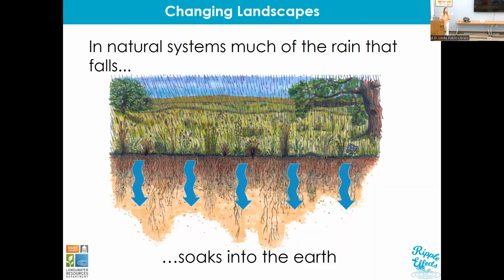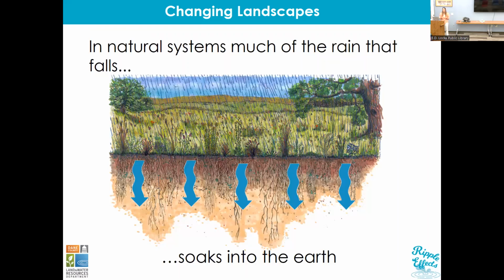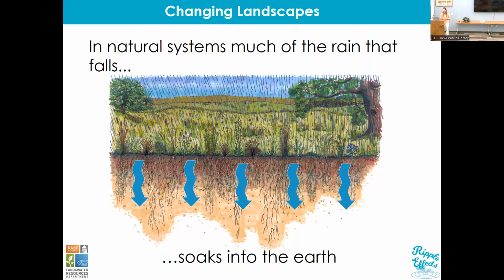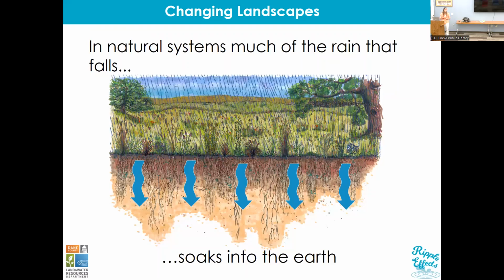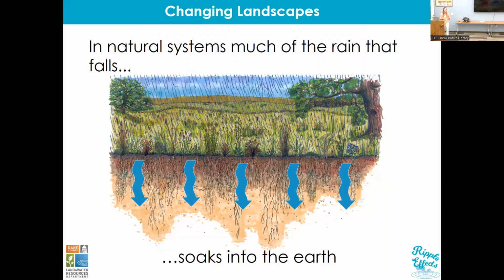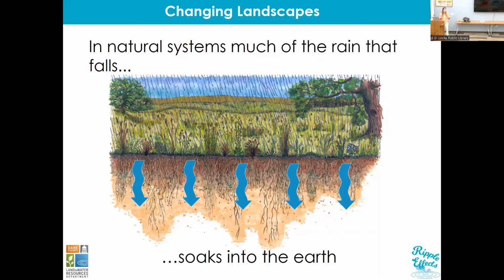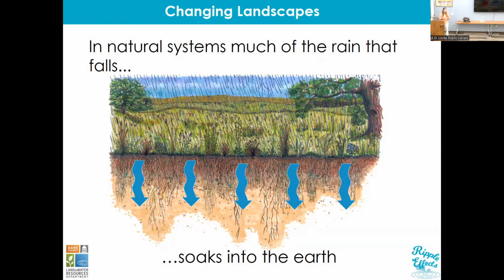When you make those changes to the landscape, you really change how water flows in it. In natural systems, back in the early 1900s when we had more natural areas, the rainwater that falls infiltrates, soaking into the earth, and recharges our groundwater source. Here in central Wisconsin, and most of Wisconsin, unless you live along the Lake Superior or Lake Michigan coast, our drinking water comes from groundwater.